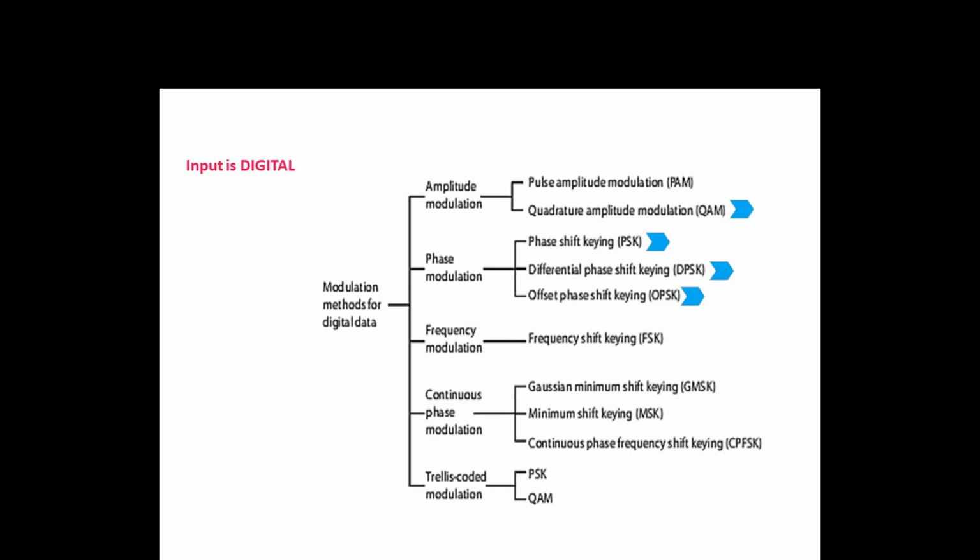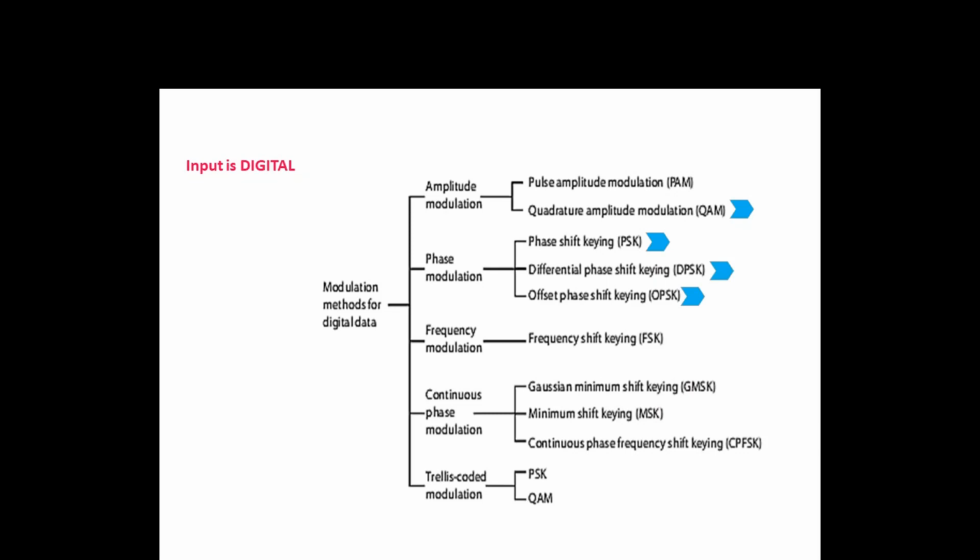Frequency modulation is FSK, the frequency shift keying method. Continuous phase modulation includes Gaussian minimum shift keying GMSK, minimum shift keying MSK, and continuous phase frequency shift keying CPFSK.